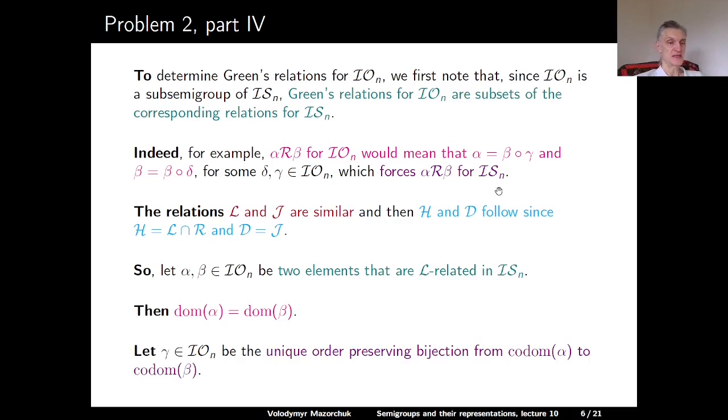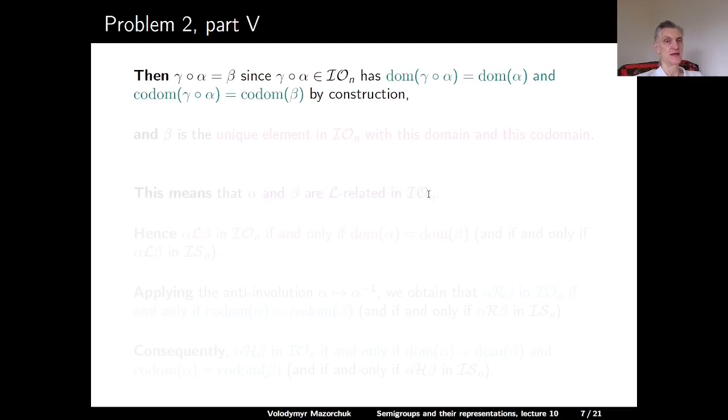Let gamma be the element in ION which is the unique order-preserving bijection from the codomain of alpha to the codomain of beta. But then, directly by construction, gamma after alpha is equal to beta, because gamma after alpha has the same domain as alpha and the same codomain as beta.